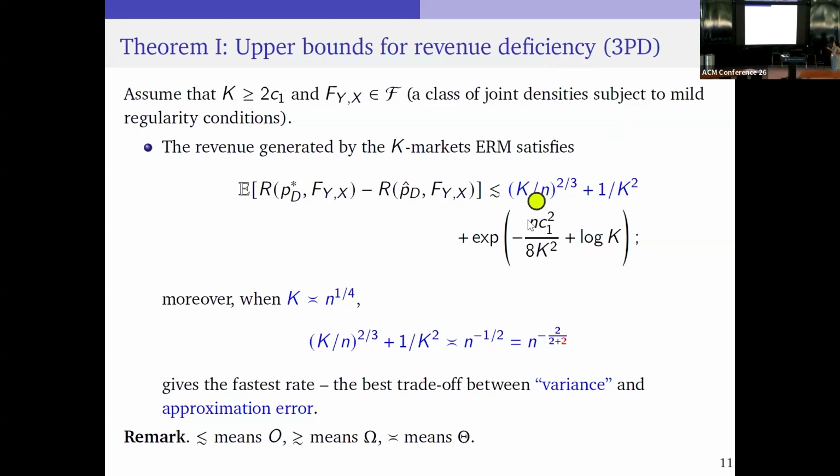And the first one is variance, because you're replacing the true conditional CDF with the empirical CDF. So when you set the number of markets to optimize this, the rate happens to be n to the negative half. Okay, I'm going to talk about this later on.